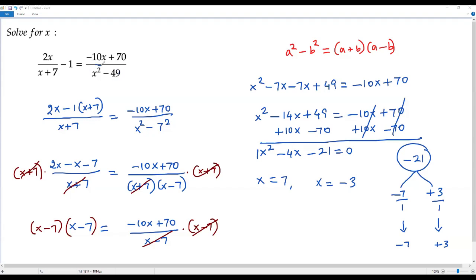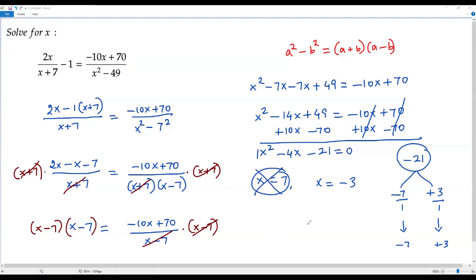When I plug in x equals 7, it becomes 7 squared, which is 49, and 49 minus 49 is 0. So x equals 7 makes this denominator 0, and the value of this fraction is undefined. Since x equals 7 makes one of the denominators 0, we cannot consider it a valid solution. It is an extraneous solution, so we can reject it.